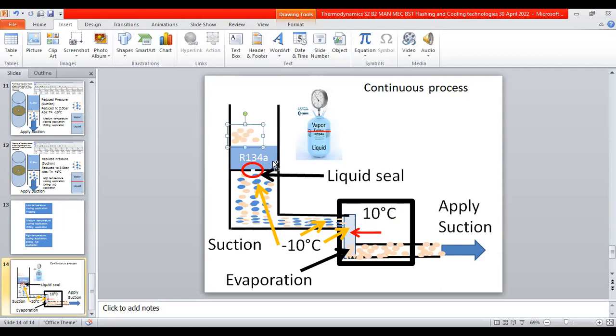But there it should be all liquid below, and here can be gas and liquid, both possible.